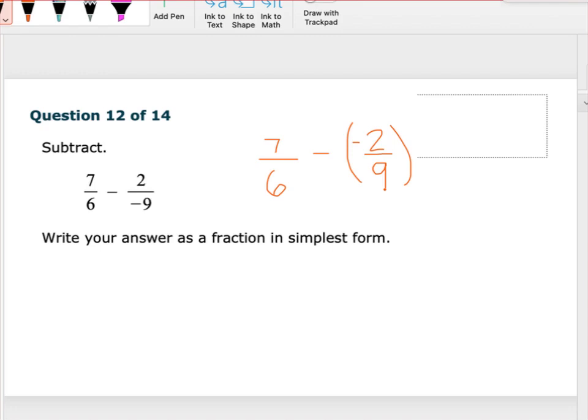So move the negative up to the top of a fraction, and now subtraction is addition of the opposite. So now you can see that we're really just adding 7/6 and 2/9 together, which means we have to get a common denominator. And both 6 and 9 go into 36.